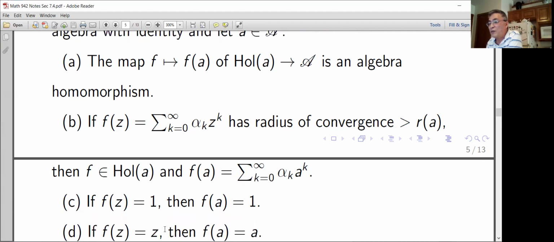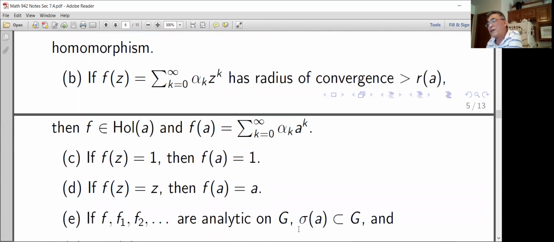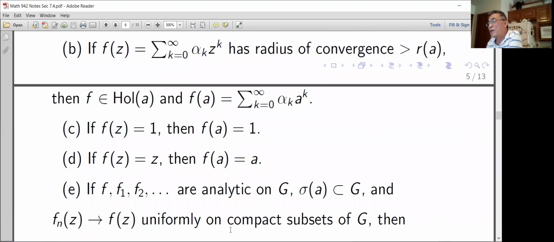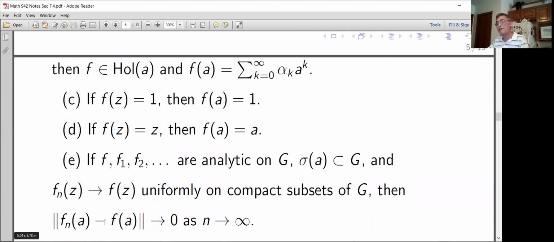D, if f of z is equal to z, then f of A is equal to A. E, if f_n and f are analytic functions on G, sigma of A is contained in G, and if f_n of z goes to f of z uniformly on compact subsets of G, so here we are talking about the convergence of analytic functions, and this kind of convergence is very much used, then the norm of f_n of A minus f of A goes to 0 as n goes to infinity.